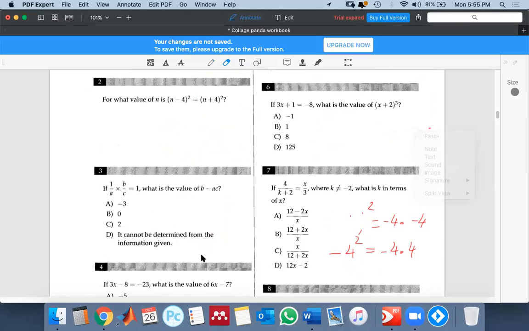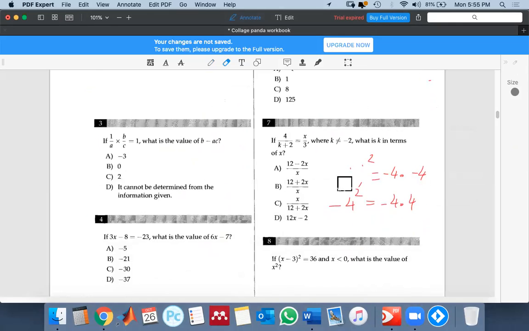Now I want you to try number 3, or I can do it quickly. Let's follow together. The question is B minus AC. Be careful. What is given? This is given. 1 times B is B, A times C is AC, and this is equal to 1.